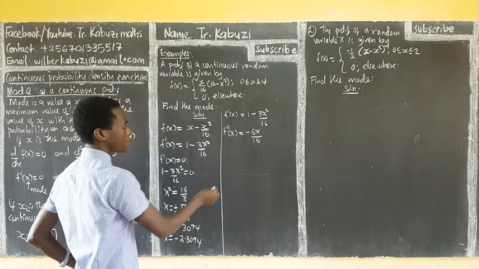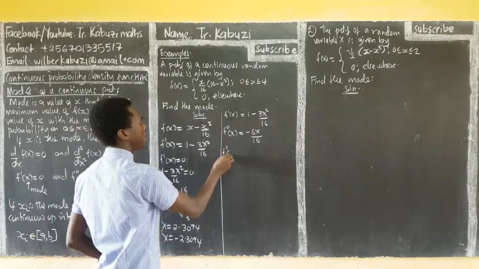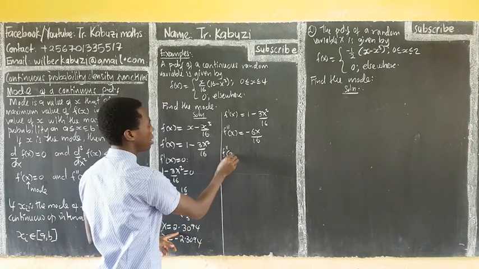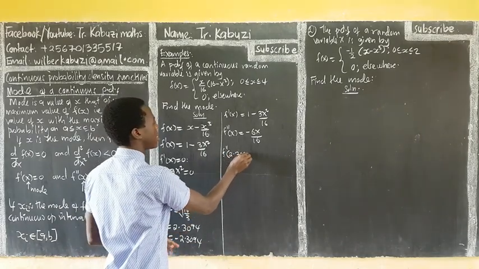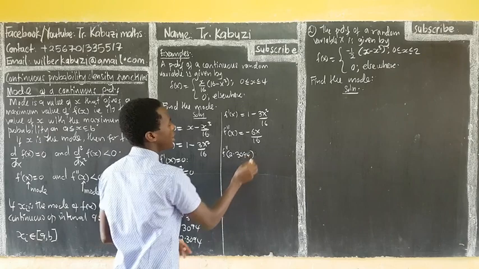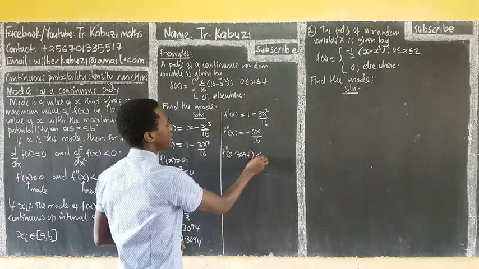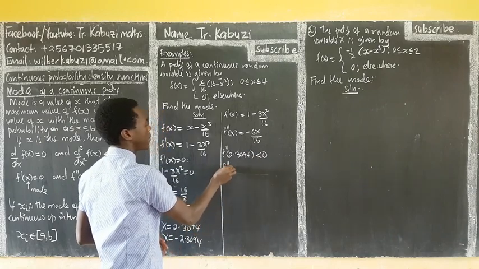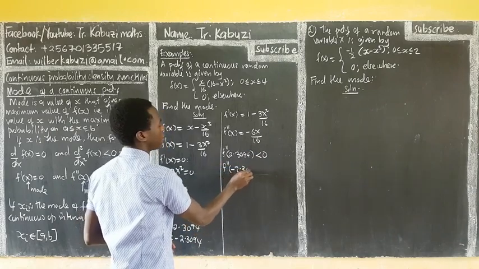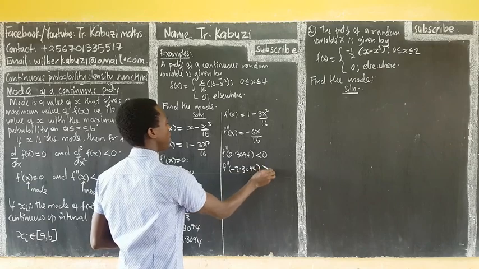Now you see that when I put in 2.3094, this is going to give me a negative, which is less than 0. When I put in negative 2.3094, it's going to be greater than 0.